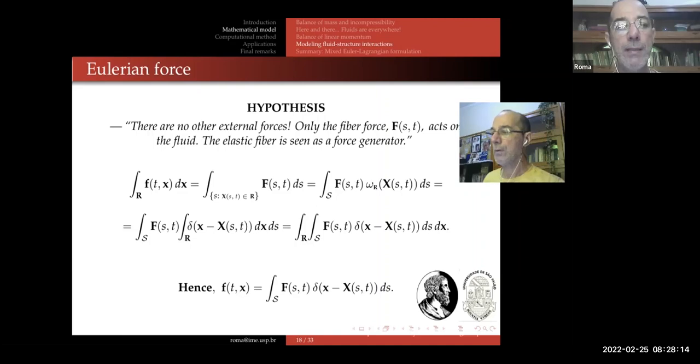So this is what's written here. The resultant is just the summation of all the elastic force coming from the fiber inside the region. So I have to consider only the points inside the region.